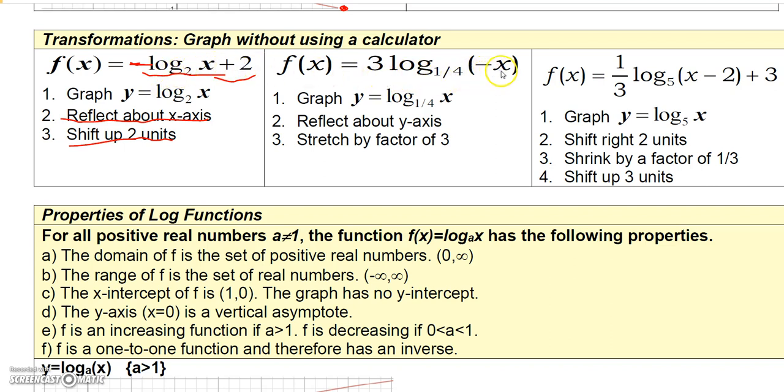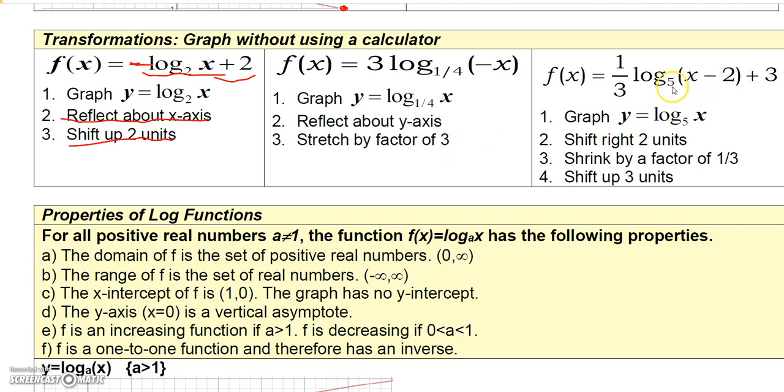Now if you wanted to graph this one, this is based on the graph of log of x base 1/4, which I just graphed. So if you replace x with negative x, that's going to reflect the graph about the y-axis. And then the 3 that you're multiplying by the function is just going to stretch the graph by a factor of 3.